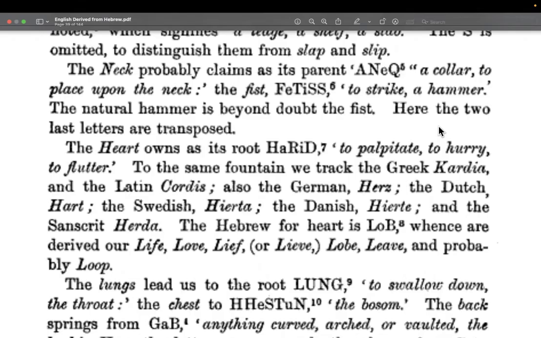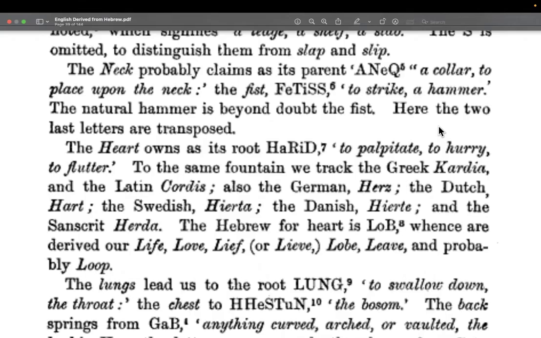To the same fountain we track the Greek cardia and the Latin cordis, also the German Herz, the Dutch hart, the Swedish herta, and the Danish hirte, and the Sanskrit harda or herda.